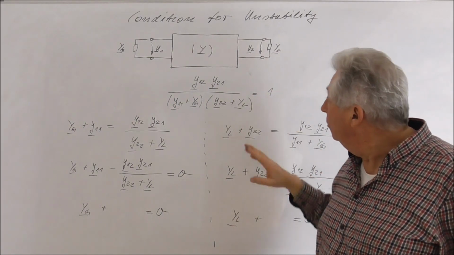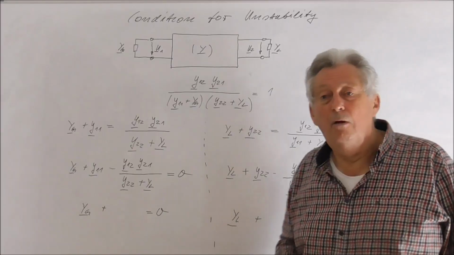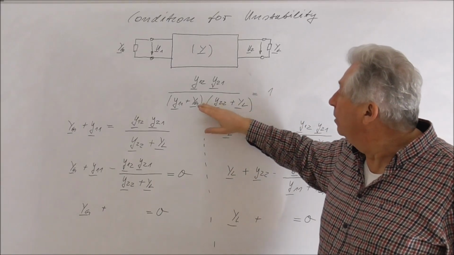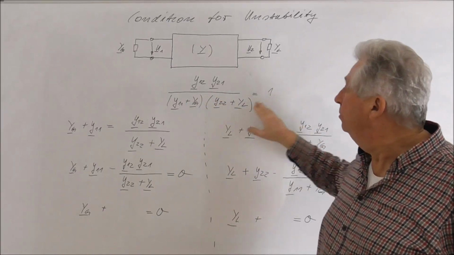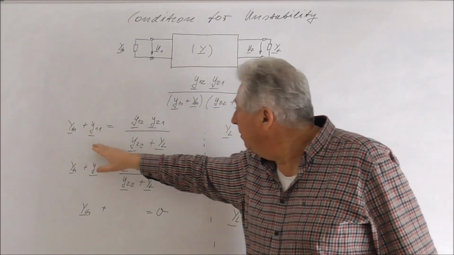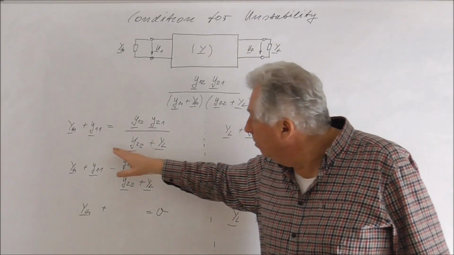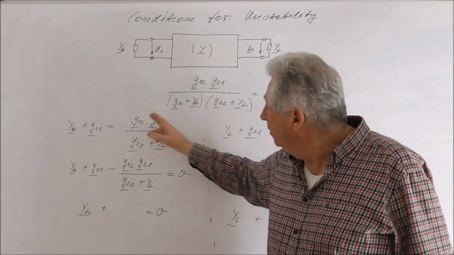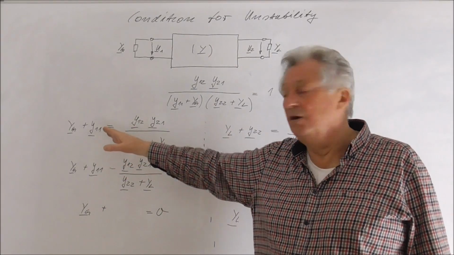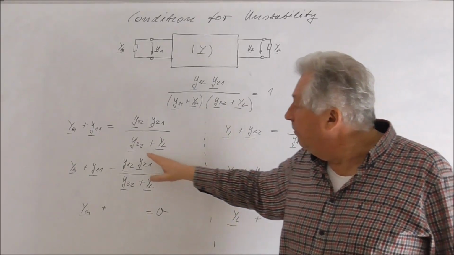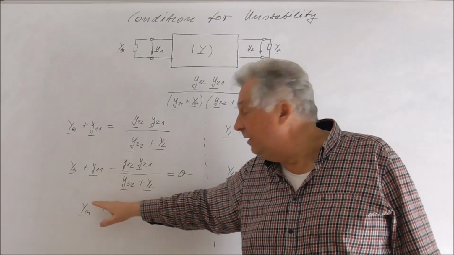And now we can rearrange this equation on a mathematical basis. For example, this term can be brought to here, and so we end up in this equation, and we can also now bring this equation on to this side, and then the final equation would read like this.